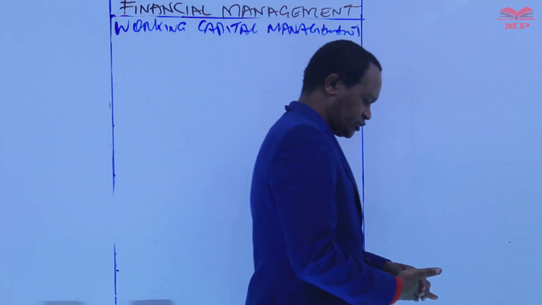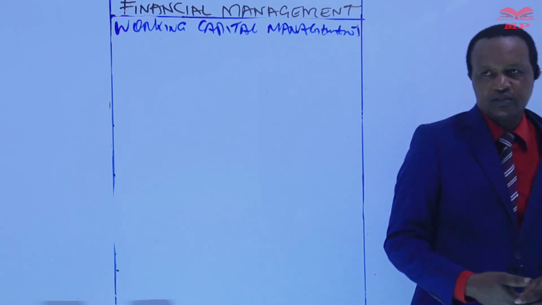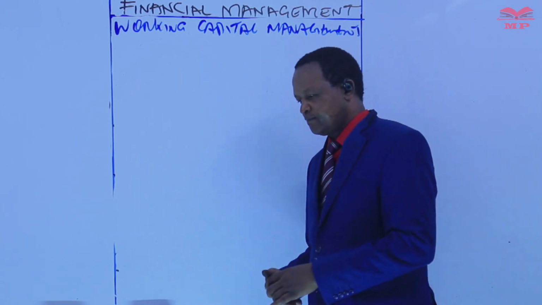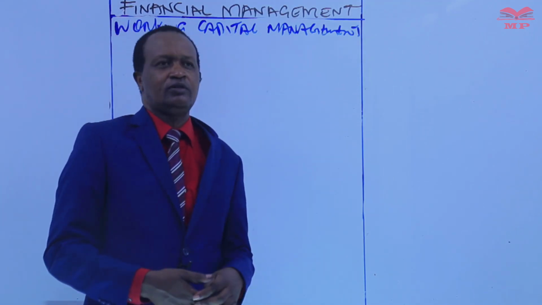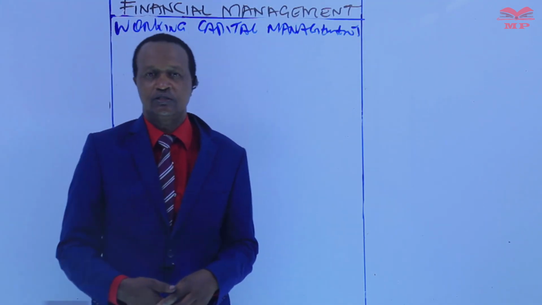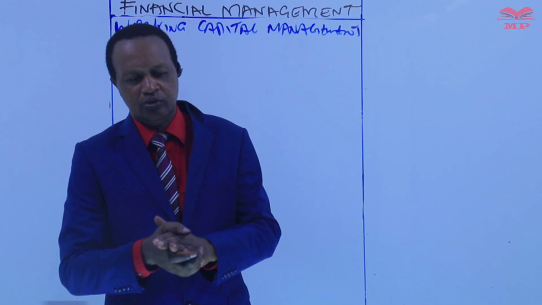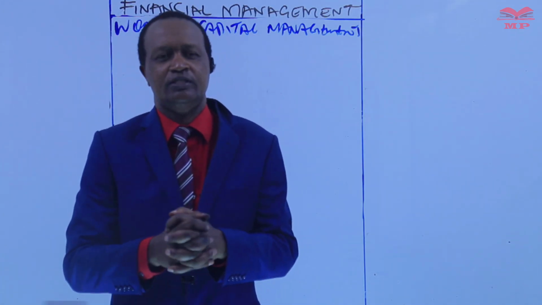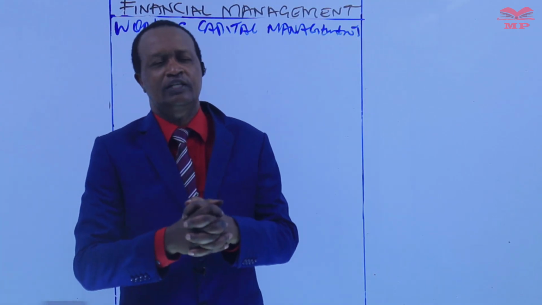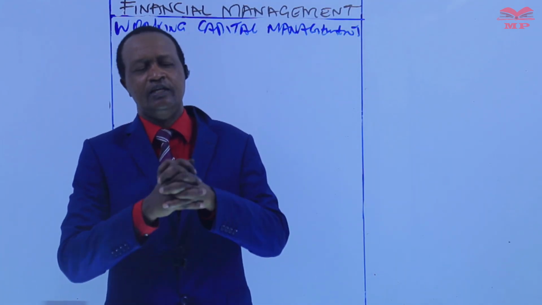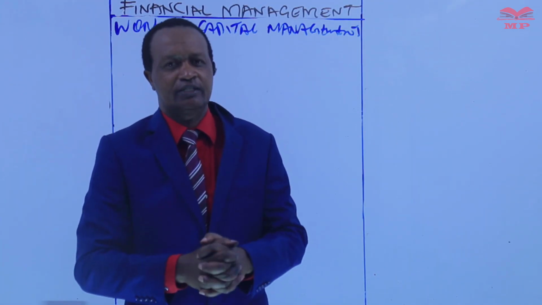Now, the topic that we've just completed, capital budgeting decisions or capital investment decisions, is closely related to working capital management. Just to remind you, the finance manager makes 4 key decisions in a company.